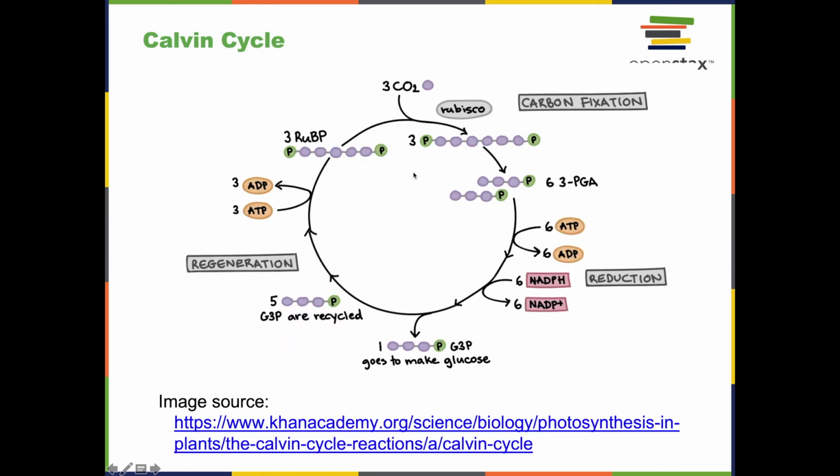So the Calvin cycle has 3 different steps: carbon fixation, reduction, and then regeneration. The cycle starts with a molecule of 3-ribulose bisphosphate, which is a 5-carbon molecule, and then when the CO2 comes in, that carbon is added to this 5-carbon to give you a 6-carbon molecule.